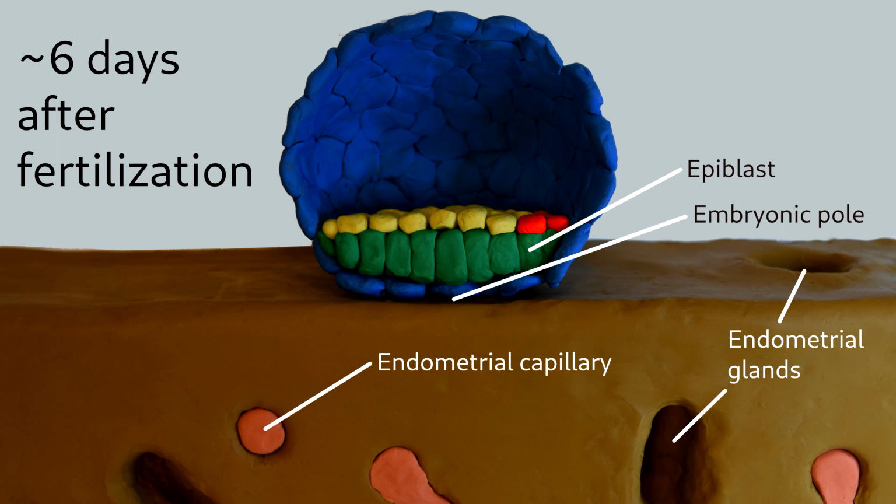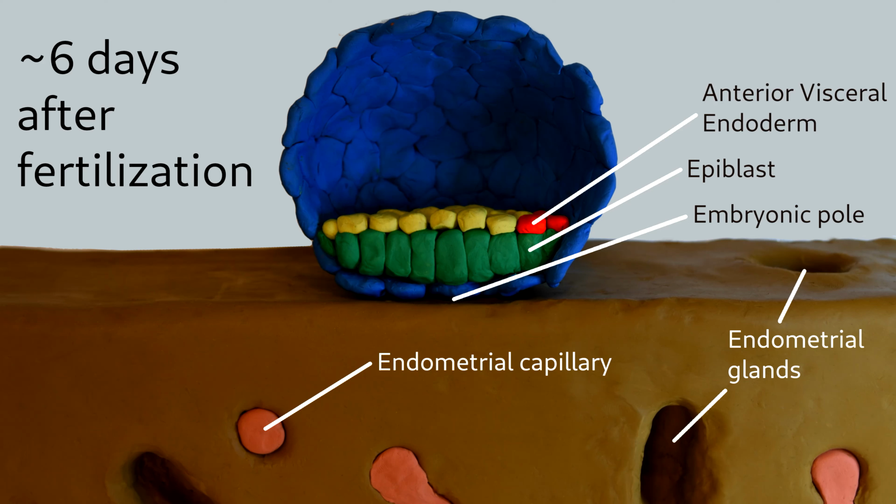Another adhesion molecule, called trophinin, is also expressed by both the trophoblast and the endometrium, and is also believed to trigger the cytotrophoblast to differentiate into the syncytiotrophoblast by signal transduction pathways.